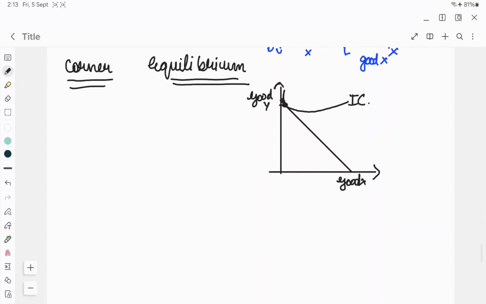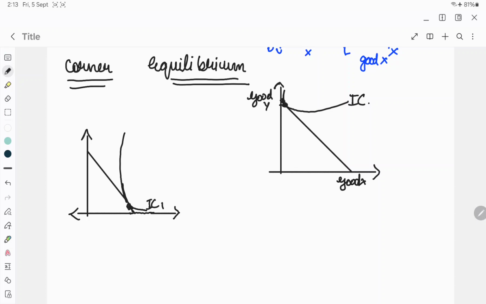On the other hand, we can also explain it when the consumer is buying only commodity x. So in that case, this is the budget line, and the tangency would be near this point, IC1.